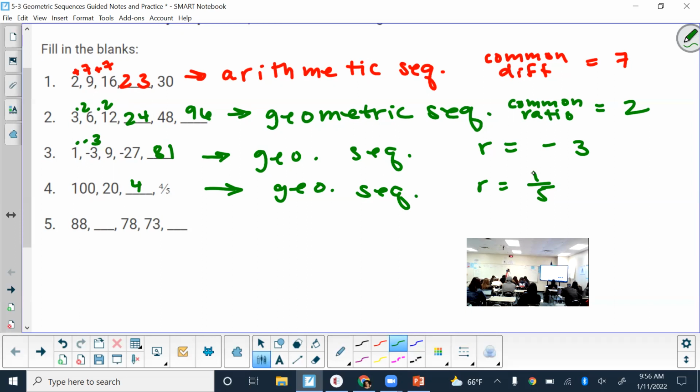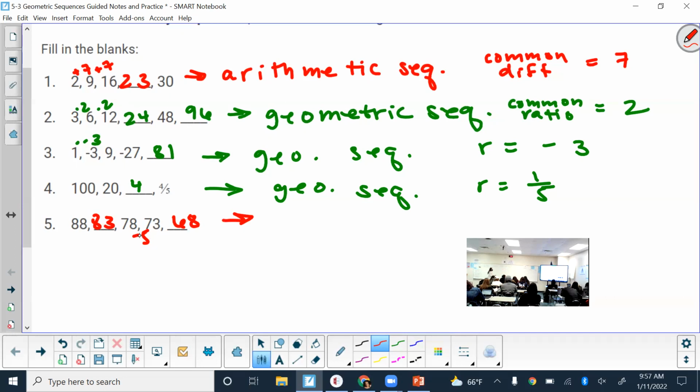All right, last one, what's the pattern? Subtracting 5. So let's see, what would 88 minus 5 be? 83. And then see if the pattern keeps going. Subtracting 5 does give me 78. Subtracting 5 does give me 73. What's 73 minus 5? 68.